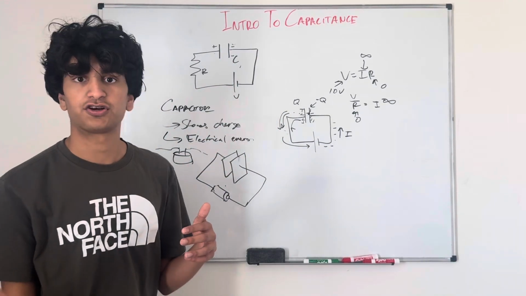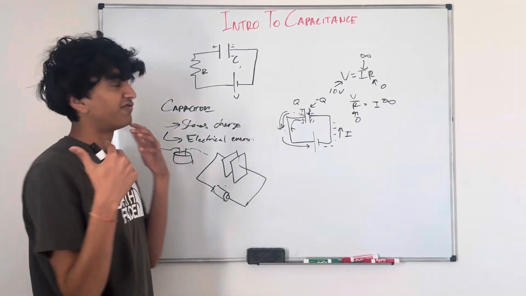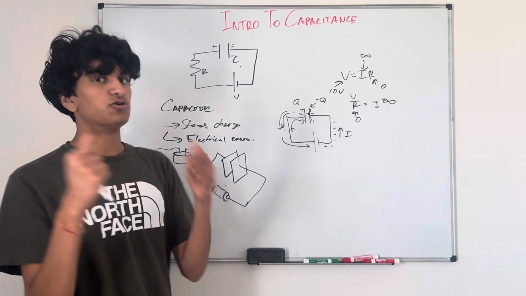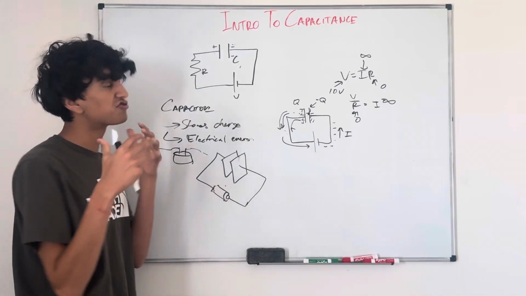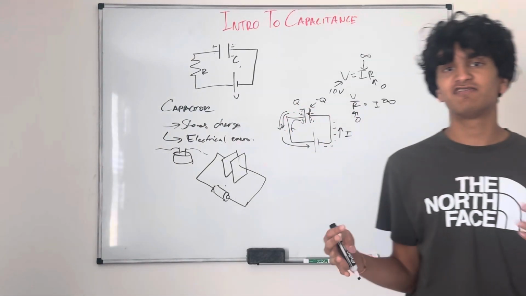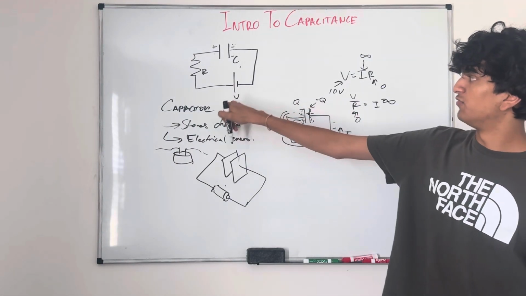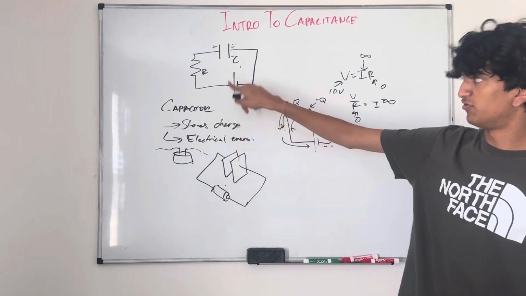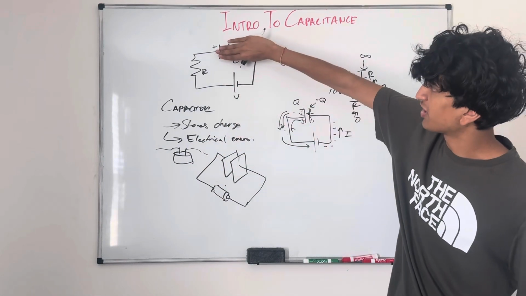That's a complete circuit. And in fact, for that very instant that you hook it up to the battery, you can treat the capacitor like it's not even there. So at t equals 0, the instant you plug in this battery, the capacitor is not even doing anything.